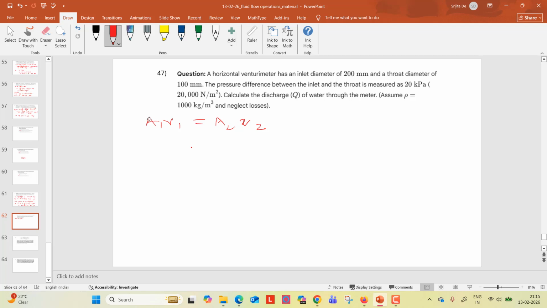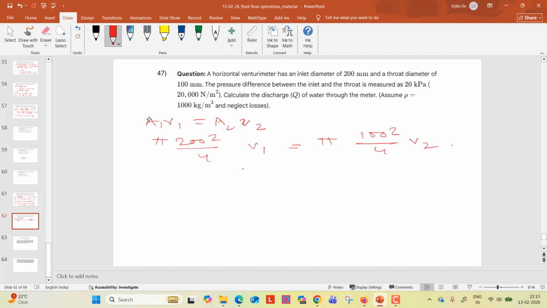So A1 is pi 200 square by 4 times V1 equals pi 100 square by 4 into V2. Right?